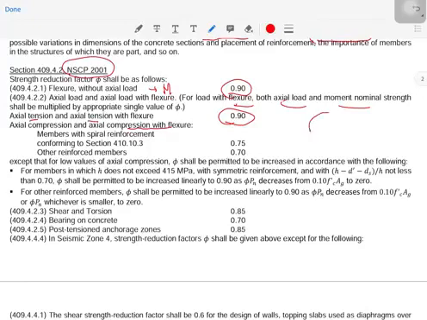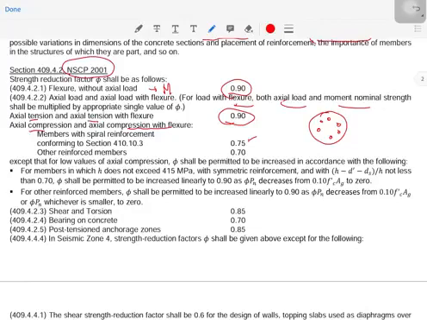Now for columns, guys, spiral, that is for circular columns. You will know later as we discuss the column sections. So for spiral, with axial compression and axial compression with flexure, that would be 0.75.